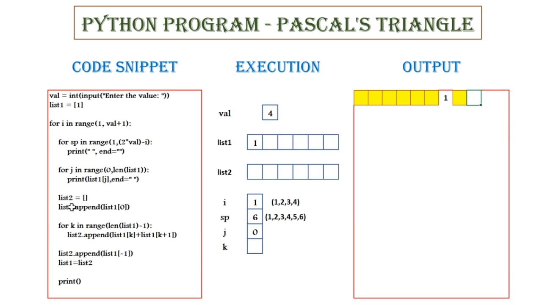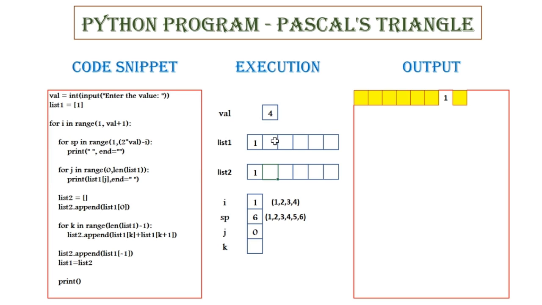Next, we have list 2 which we are making blank, and list 2 dot append of list 1 of 0. So the list 1 of 0 is 1, which we are first adding to list 2. Next, the control goes to the next for loop where it says for k in range of len of list 1. The length of list 1 is 1. 1 minus 1 is 0. And here what we are doing is we are going to add list 1 of 0 and list 1 of 1.